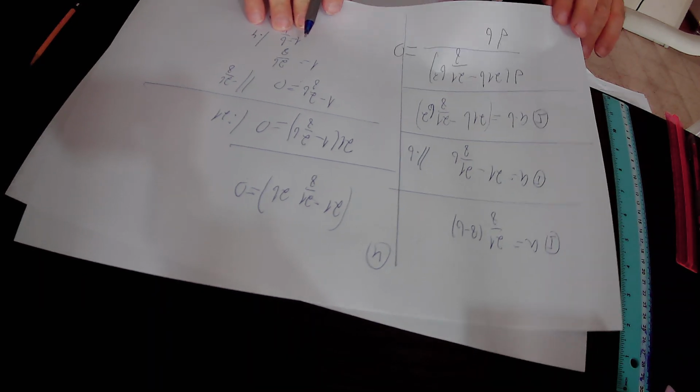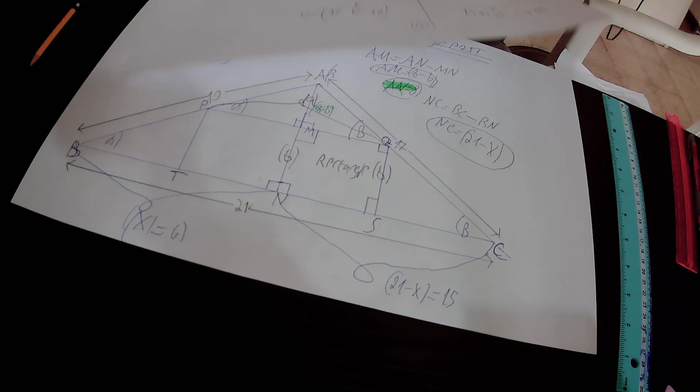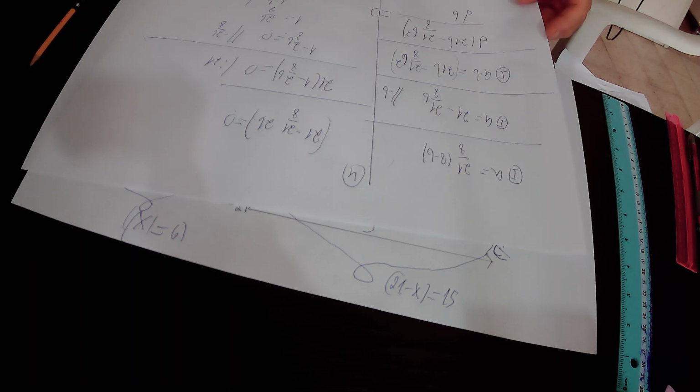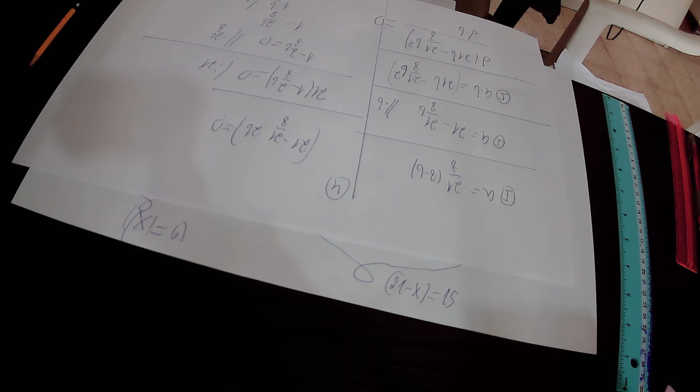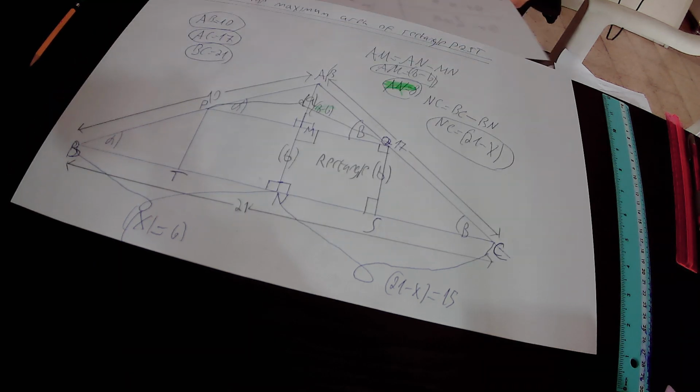That is to say, when the value of the width b is equal to 4 units in length, then the area of rectangle PQST is at its extreme point.